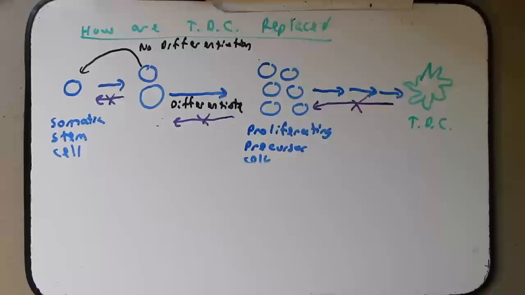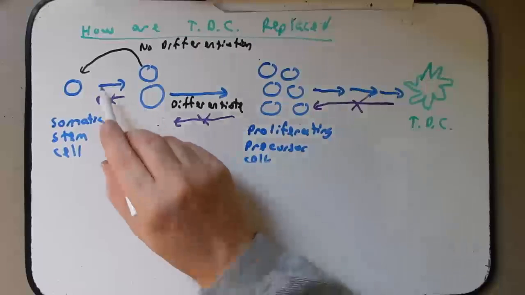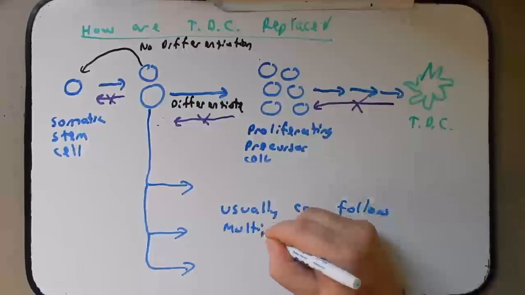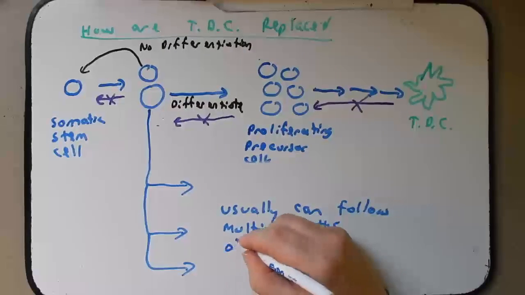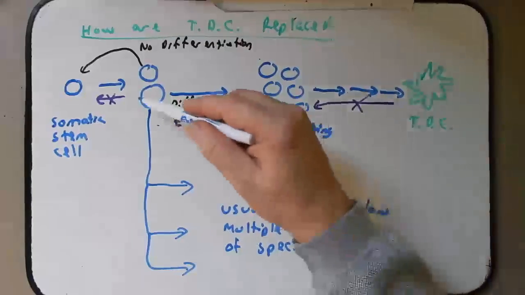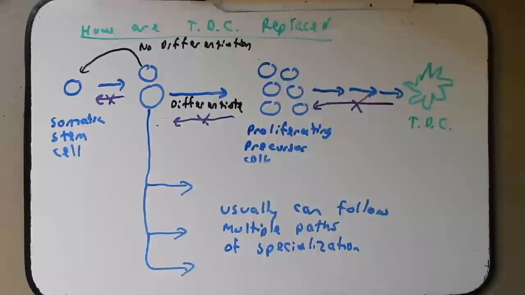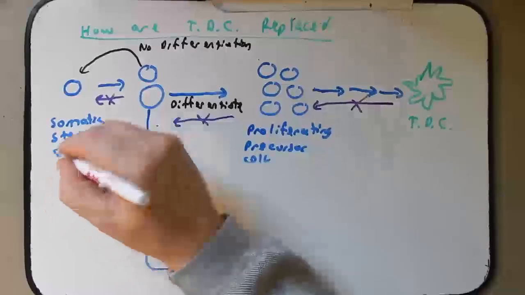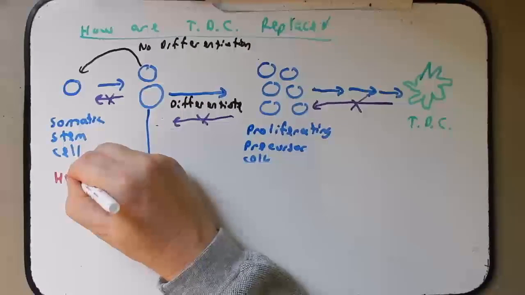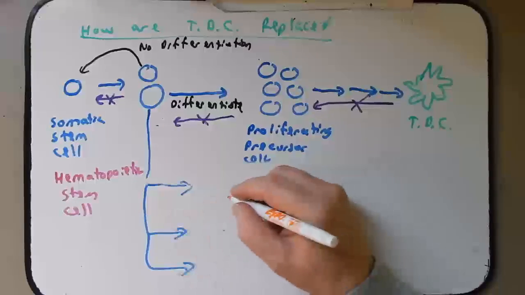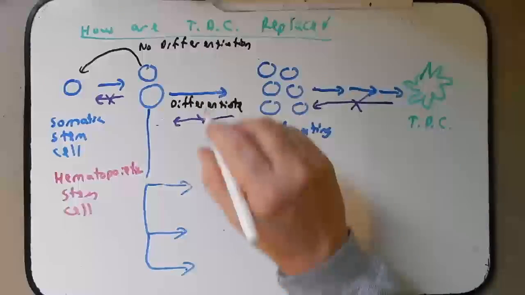Now, one other thing I want to mention here is that these somatic stem cells usually can follow multiple paths of specialization. So this first path produced one cell type. Maybe this somatic stem cell could have produced multiple kinds. So for instance, if this stem cell were a special kind of stem cell called a hematopoietic stem cell, it could become a whole host of different kinds of specialized cells or terminally differentiated cells.